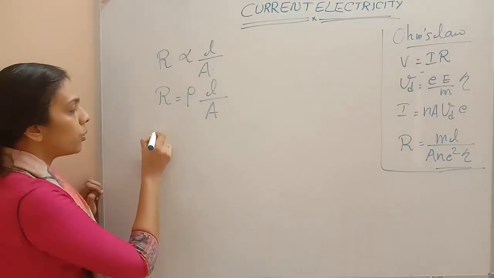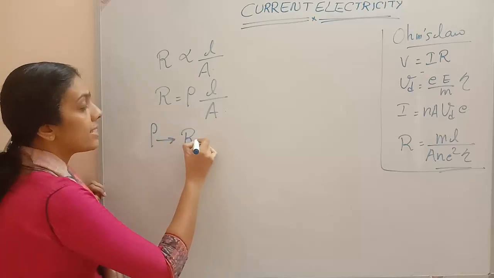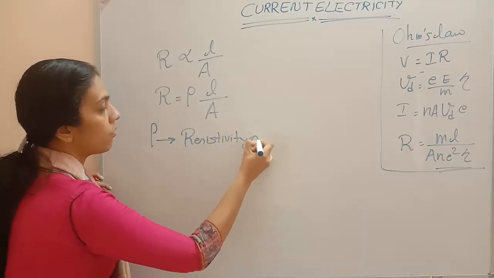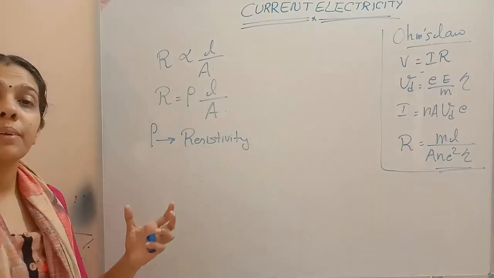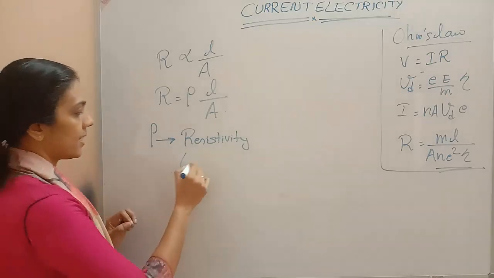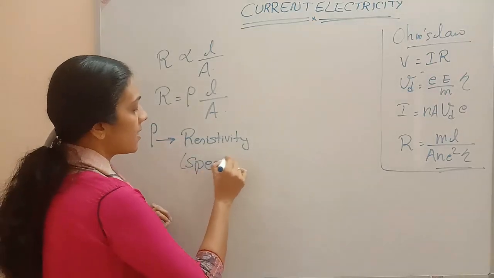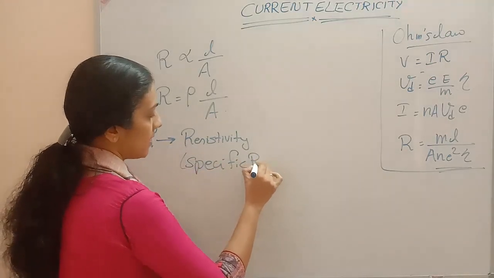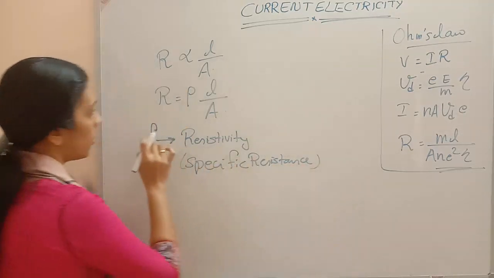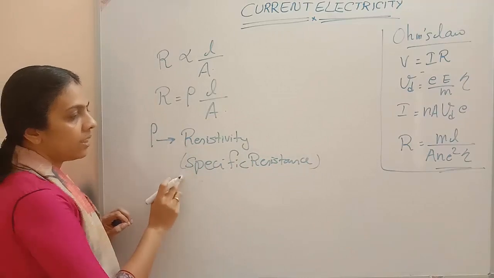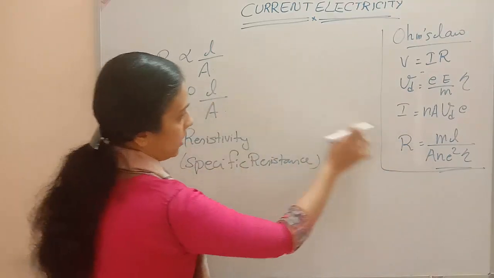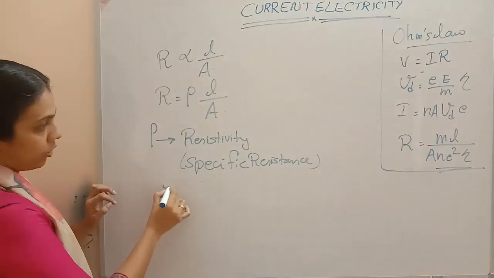Okay, so rho is called the resistivity of the material, or specific resistance. So comparing these two equations, can you tell what is the value of rho?